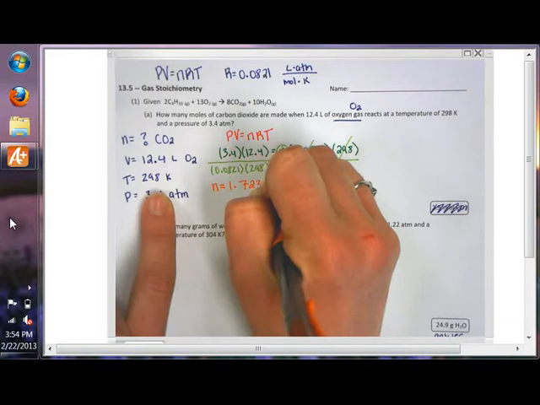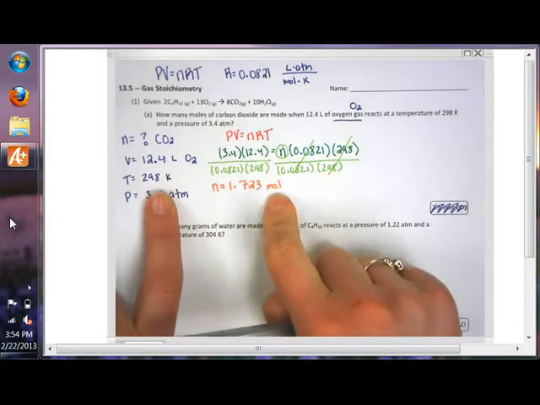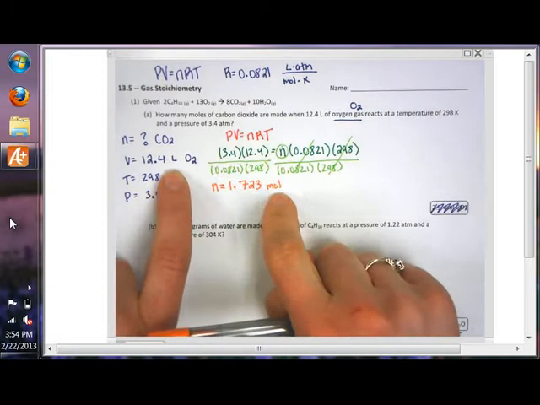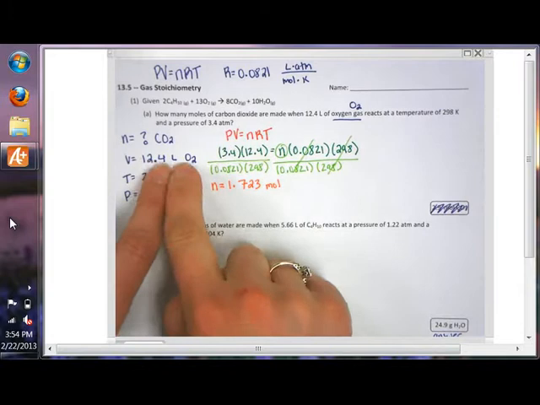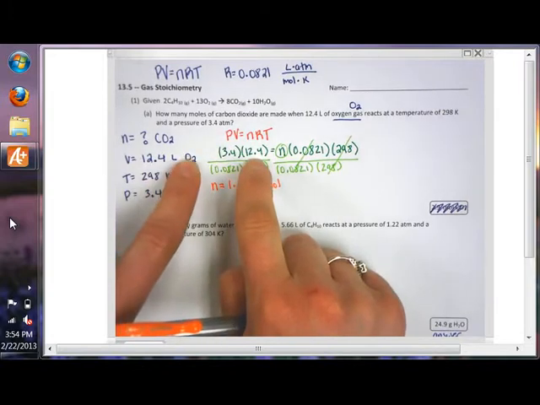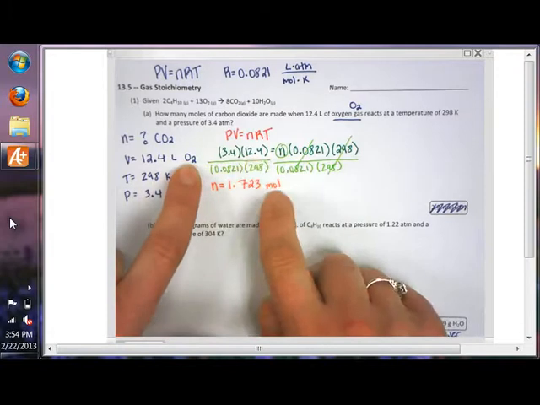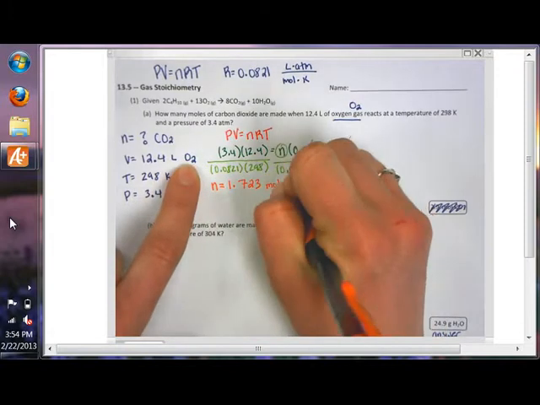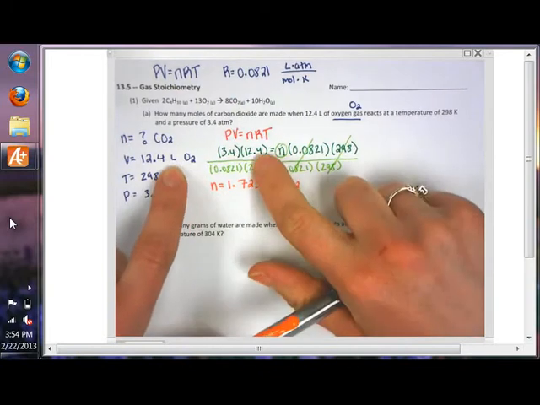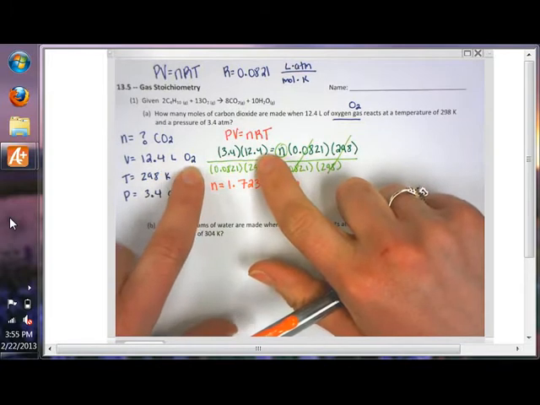I need to be specific as to what moles I have. Now, I plugged in liters of oxygen, 12.4 liters of oxygen. That means I spit out moles of oxygen. So whatever volume I plug in, whatever compound that is, I plugged in liters of oxygen. That means I'm going to get out moles of whatever that compound is.